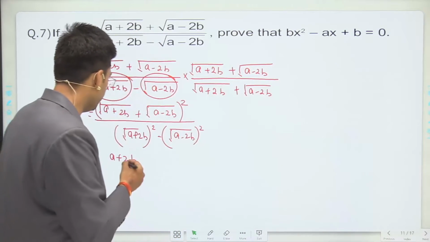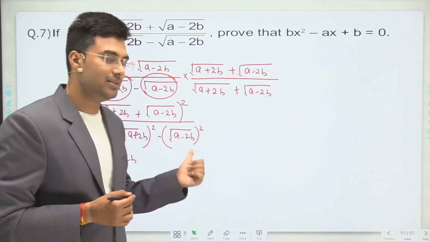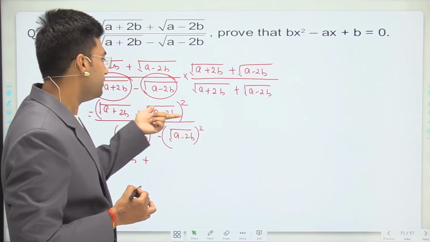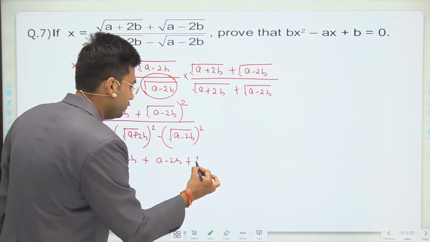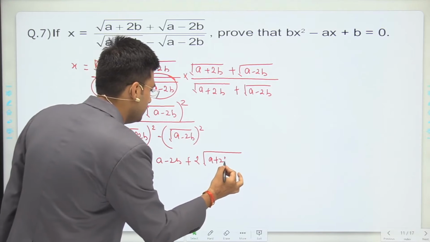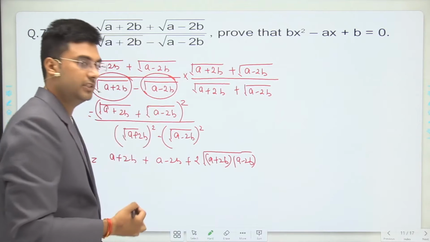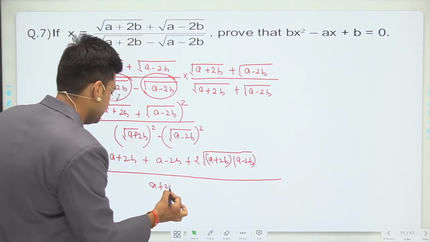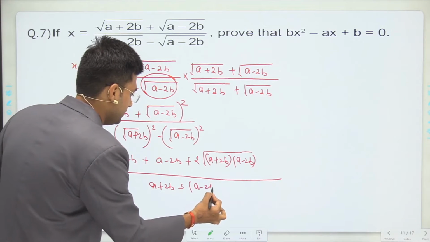So here we will get a plus 2b, because the square of root a plus 2b is a plus 2b, plus the square of root a minus 2b is a minus 2b, plus 2 root a plus 2b multiplied by a minus 2b. Clear?